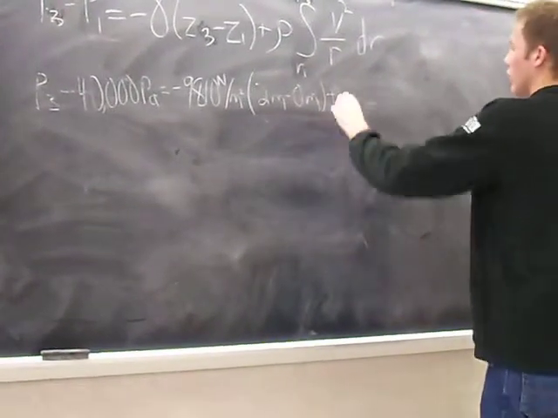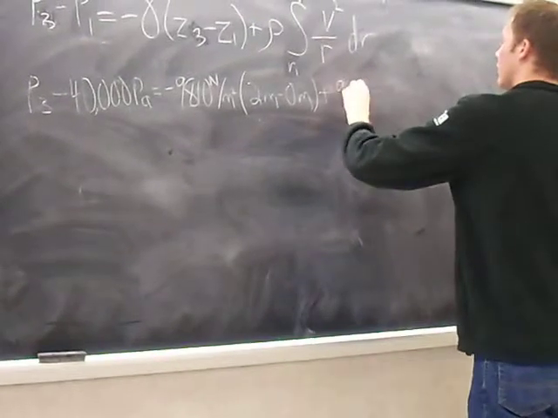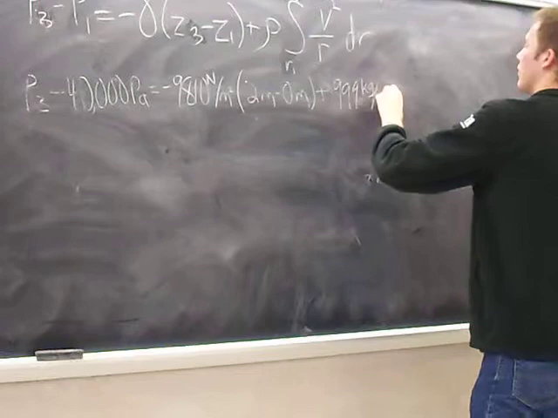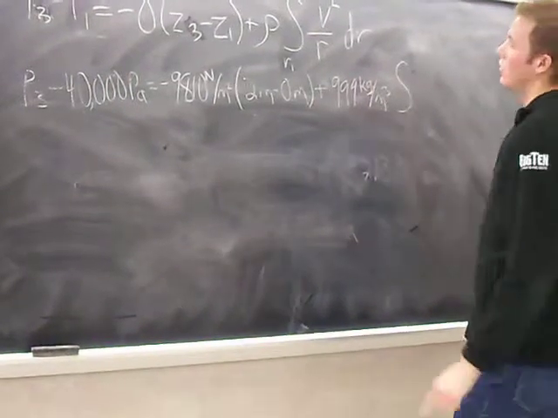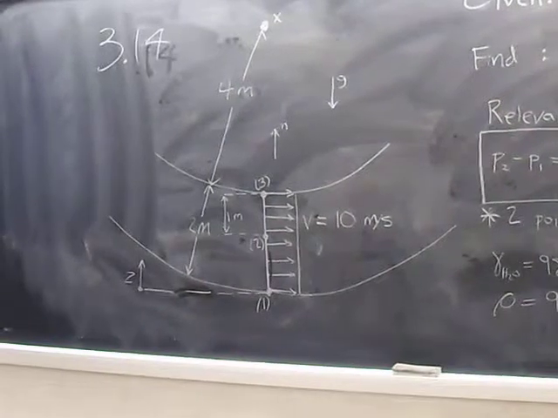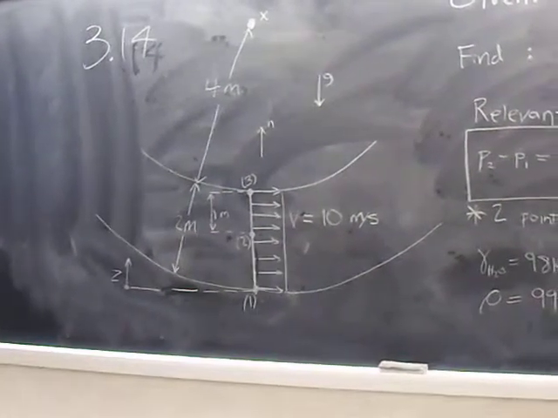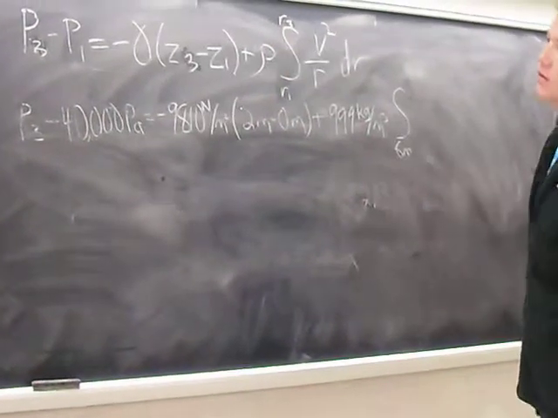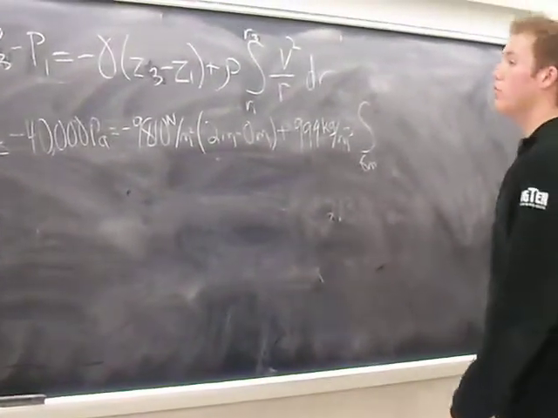Plus the density of water, which is 999 kilograms per meter cubed, times the integral from R1, which is from the center of the radius of curvature, so that's 6 meters, to R3, the distance from the center of the radius of curvature, which will be 4 meters.